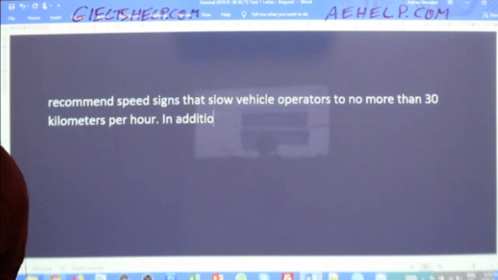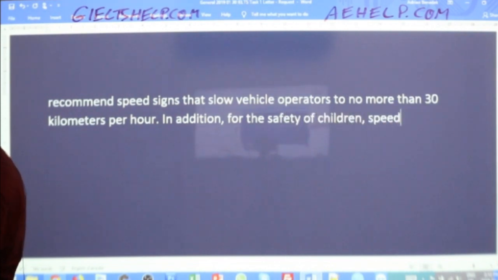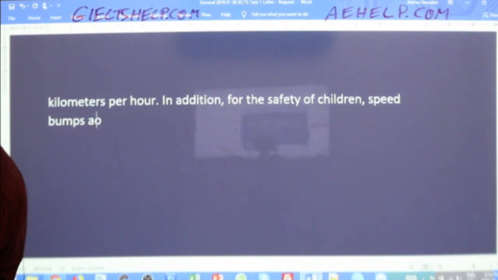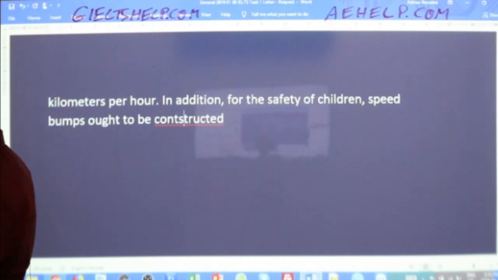In addition, for the safety of children, speed bumps ought to be constructed on the surrounding streets.